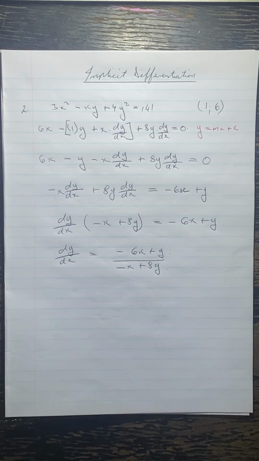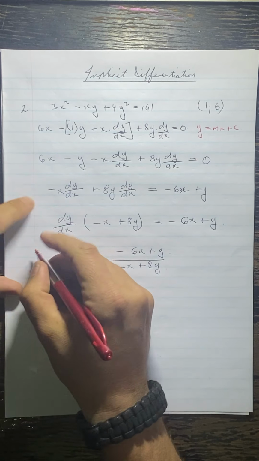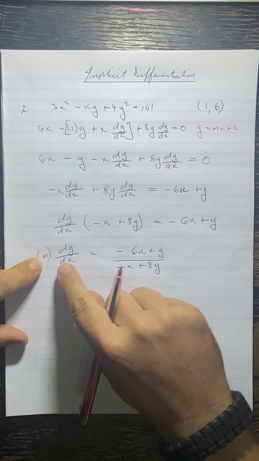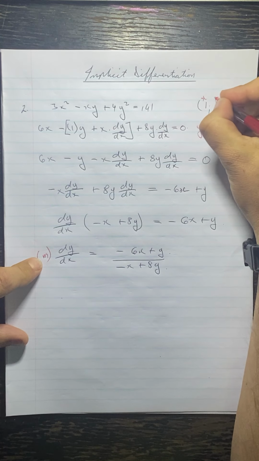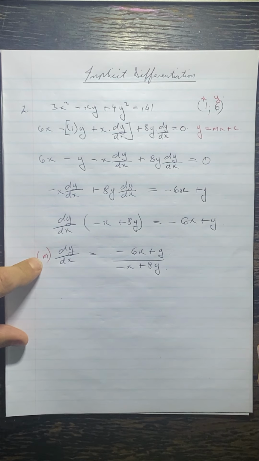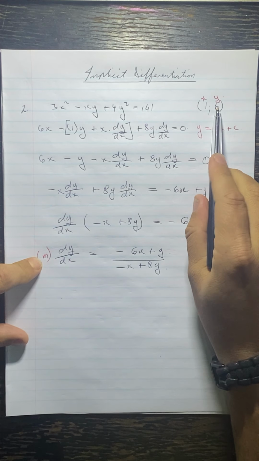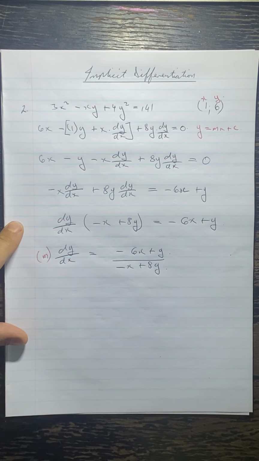All right, now that we have the derivative, just remember that the derivative is the gradient. Okay, so that is our m value. And what we're interested in is at this point here. And remember, a coordinate is an x value and a y value. So grade 11s, all I do is I substitute the x to be 1 and the y to be 6 in this part over here, and then I can find out what m is.